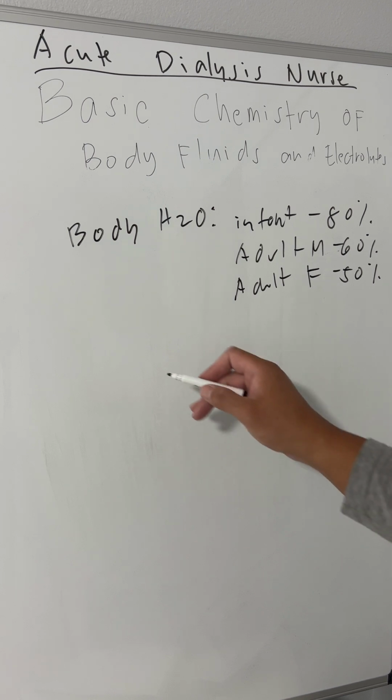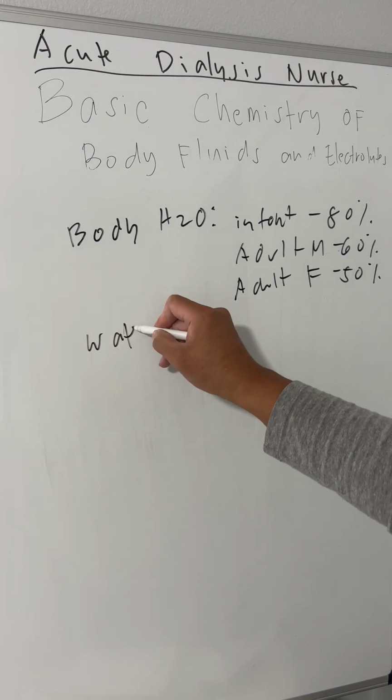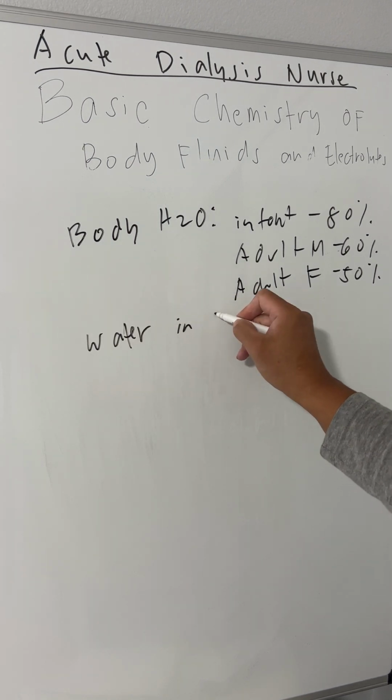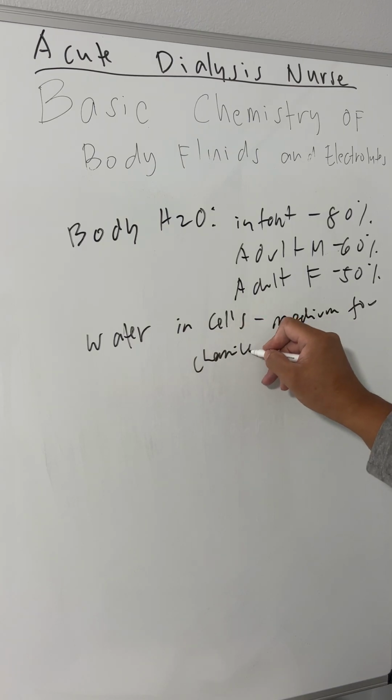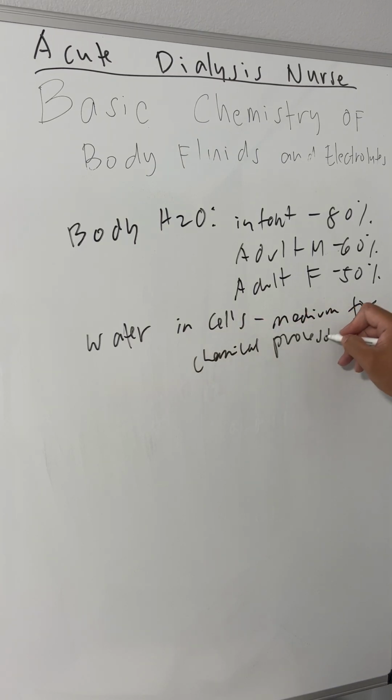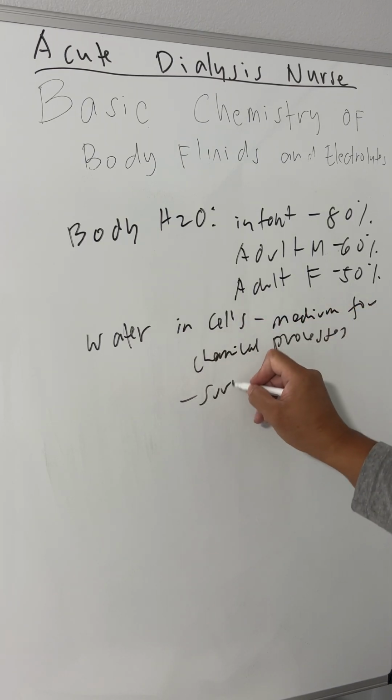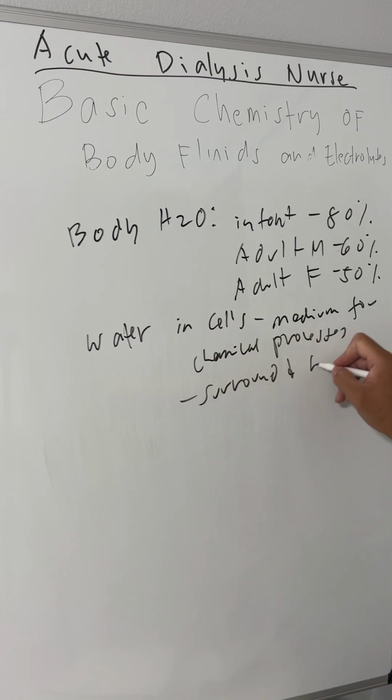So what does water in cells do? The water in cells is the medium for chemical processes. They surround and bathe all cells.